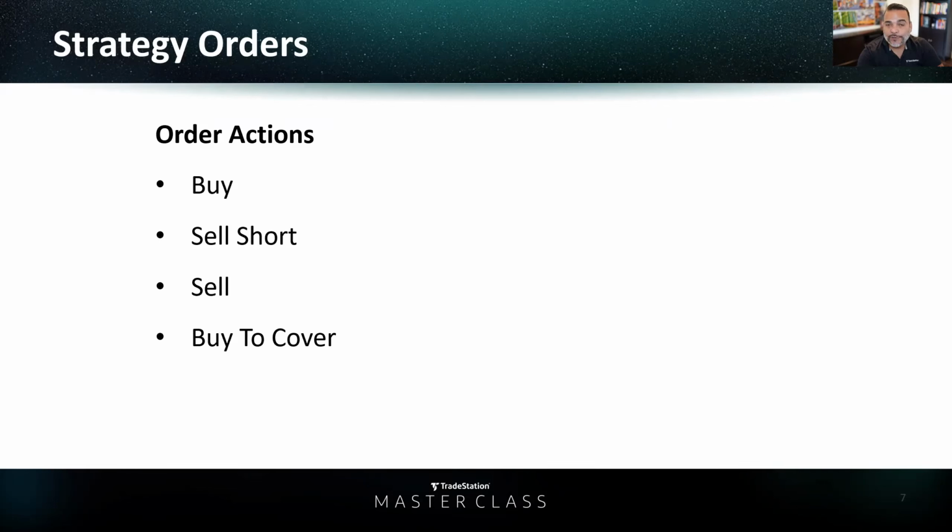So if you have a 1 minute chart, every minute your strategy is recalculated and new orders are generated. If you have a daily chart, your strategy is only calculated once per bar, once per day. So you can already tell the frequency with which the strategy is going to trade. If it's going to be a day trading strategy, then make sure that you have a time frame that fits that style.